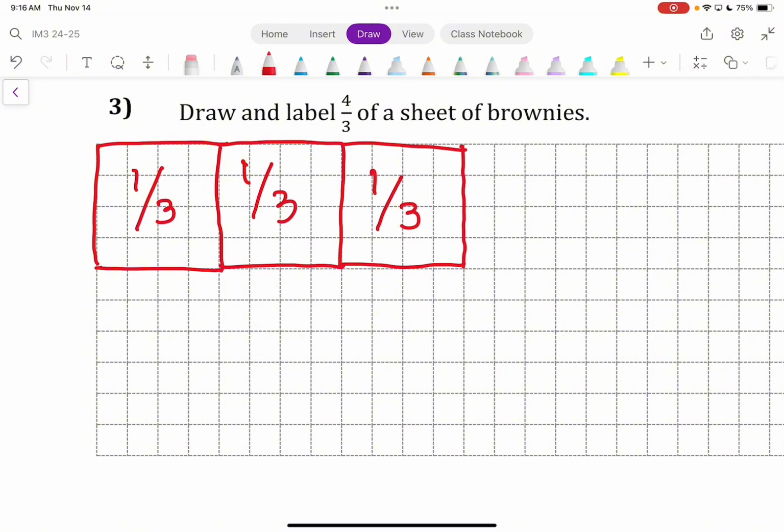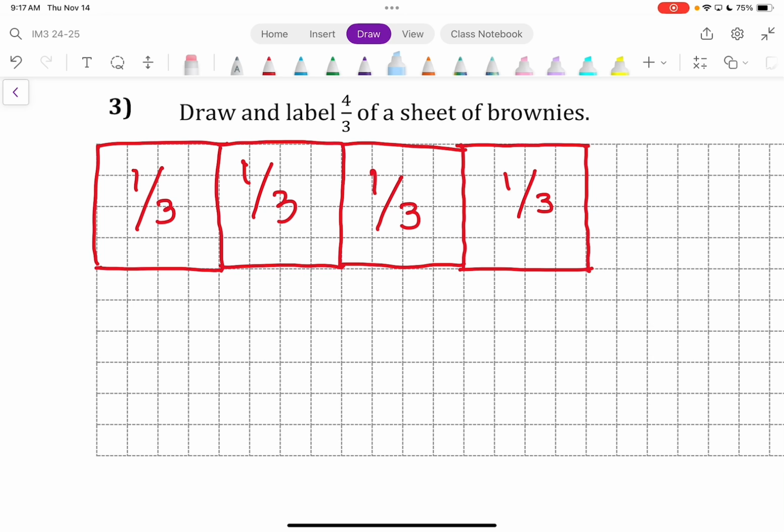And up to that point, if I just do 3/3, that represents what? What amount of the brownie does this represent? 3/3. It represents a whole. But you need to include an extra third. So now you have more than a whole.